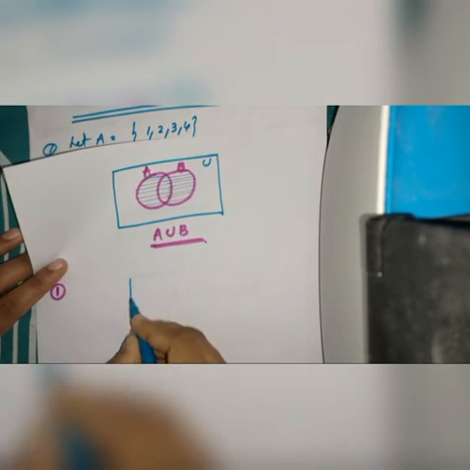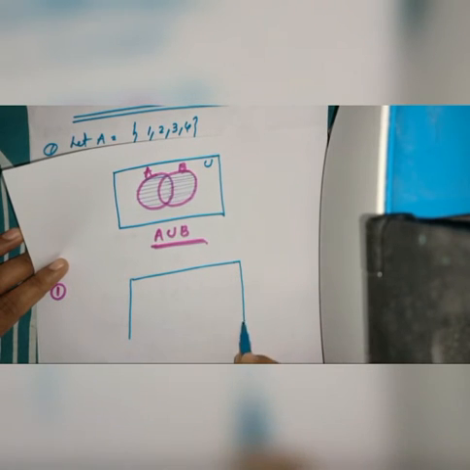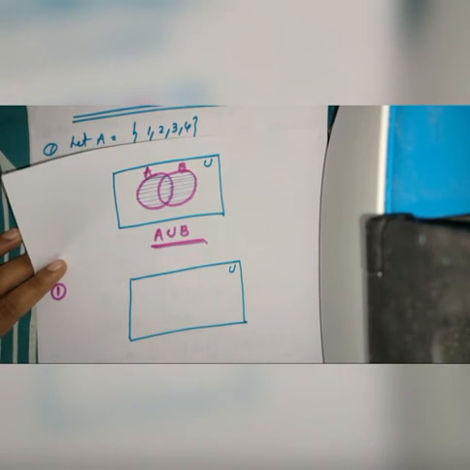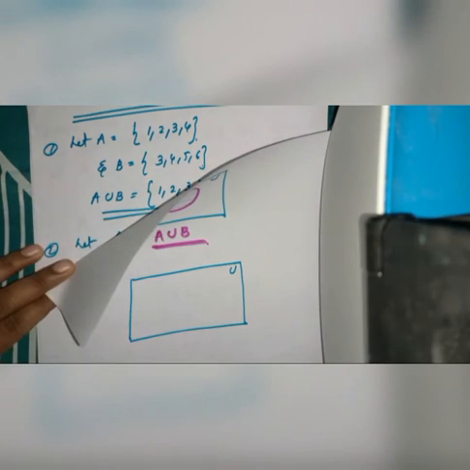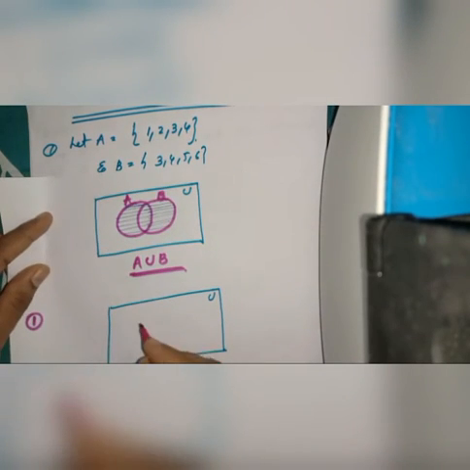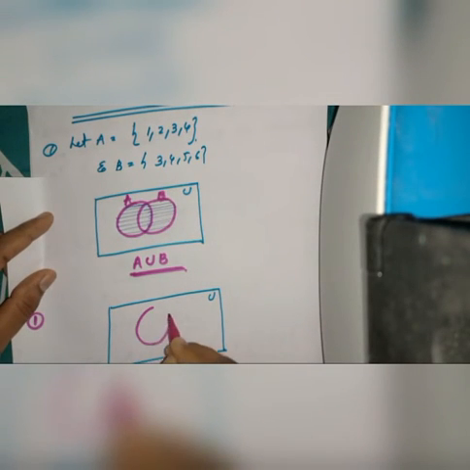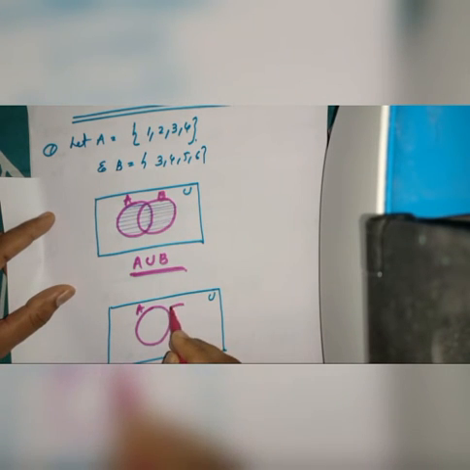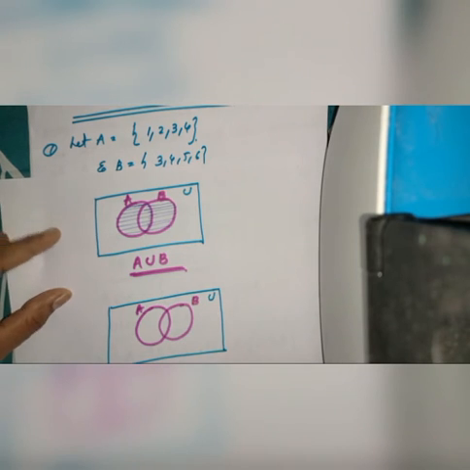First we draw a universal set, denoted as U, and we have two sets. One is A, represented by a circle, and another set is B. Why are we overlapping the two circles?